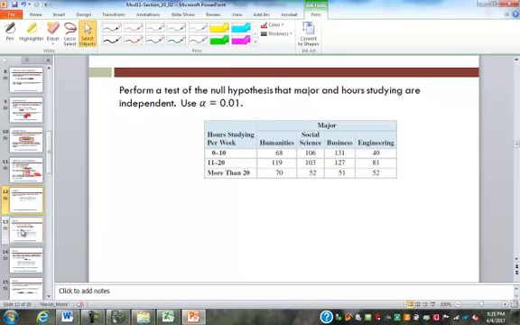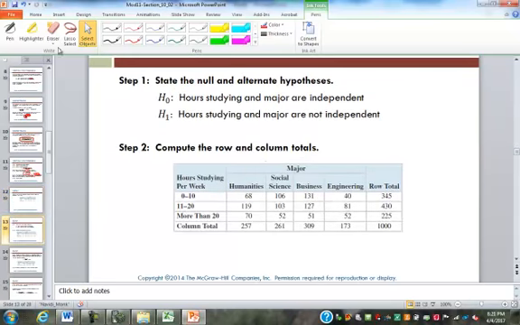So here's our table again. Here they show we found the row totals: 68 plus 106 plus 131 plus 40 is 345, all the way down. Then the column totals: 68 plus 119 plus 70 is 257, and we did that all the way. The grand total was 1,000 students that we surveyed.